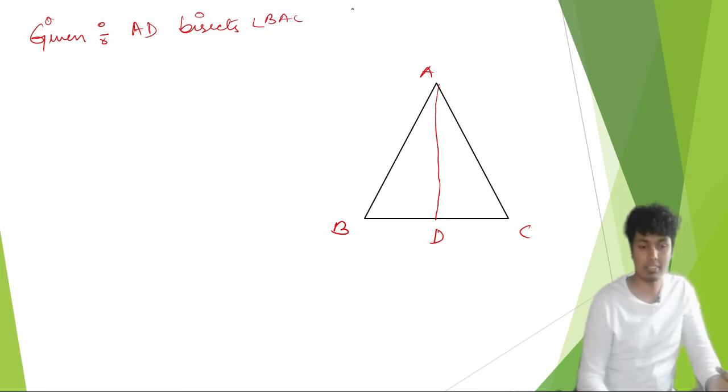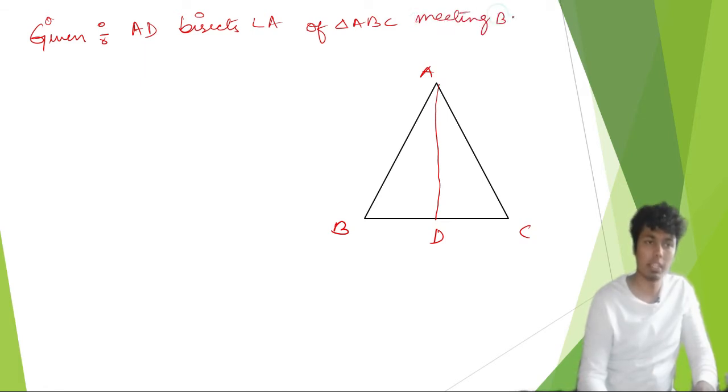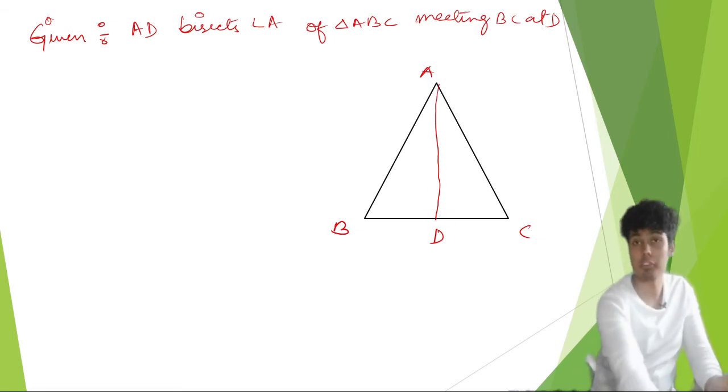Angle BAC, or you can just name it as angle A, as it is in the book, I think. So of triangle ABC meeting BC at D. Okay, AD is bisecting angle A and meeting the line BC at D. I hope it is clear to you.